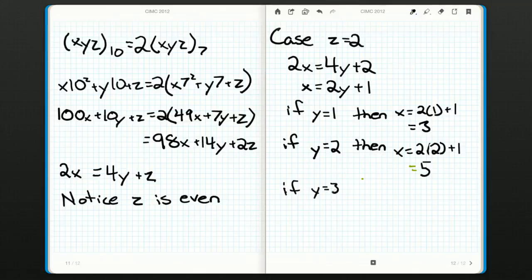How about if y is 3? Okay. Then what are we going to get? Well, x has to be 7. And unfortunately, x can't be more than 6. x can be 1, it can be 2, it can be 3, it can be 4 or 5 or 6, but it can't be 7 or higher.